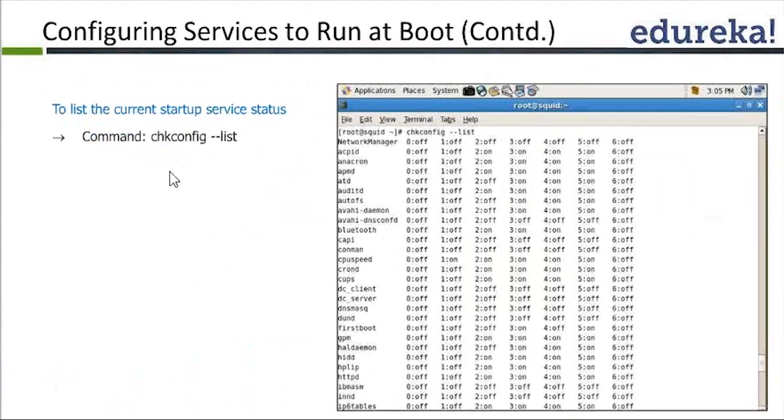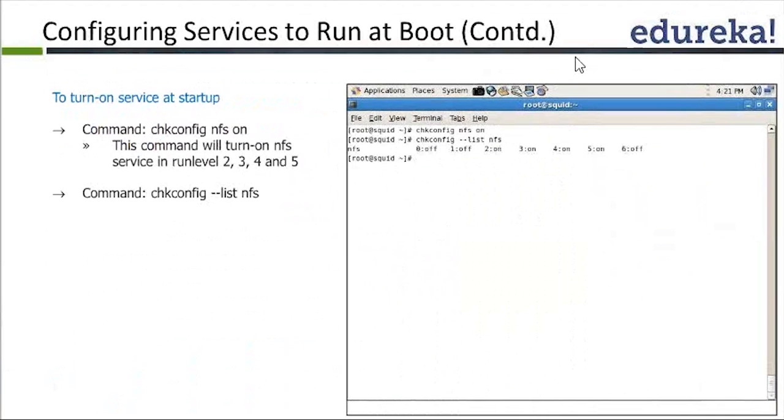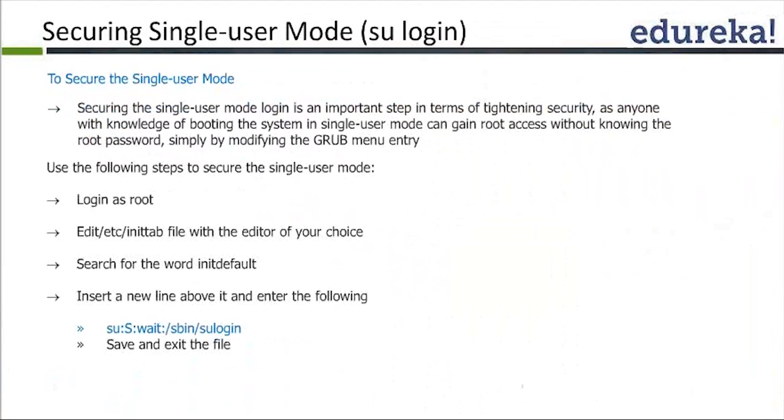It's a quick revision of what we have seen in module 1. chkconfig --list, and then we can specify the service in order to list that service, and we can also modify the services in other run levels as well.